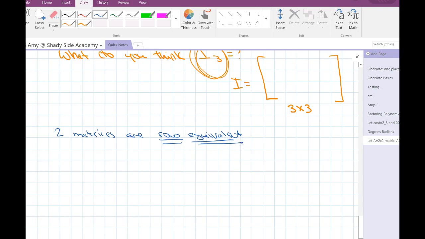Two matrices are row equivalent if an elementary row operation performed on one matrix yields the second matrix.